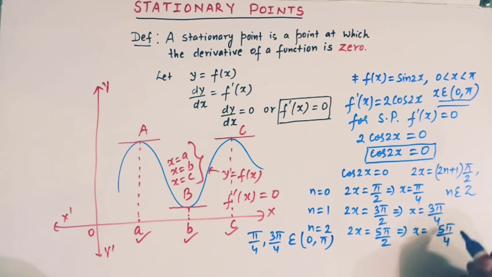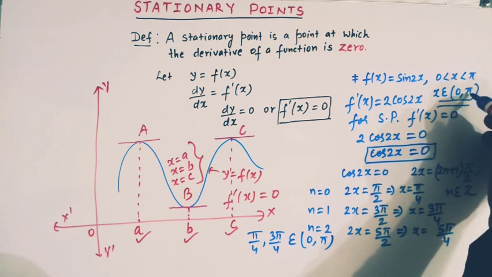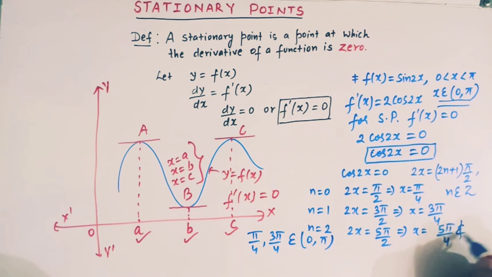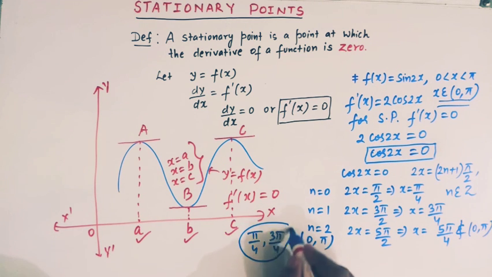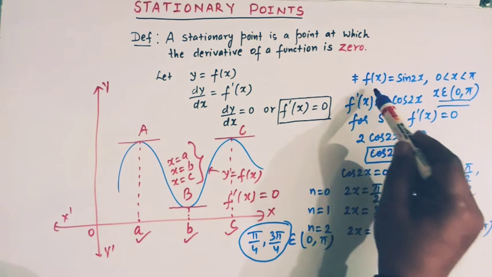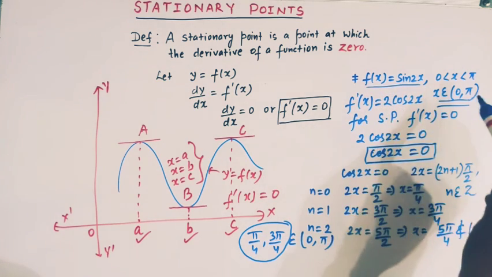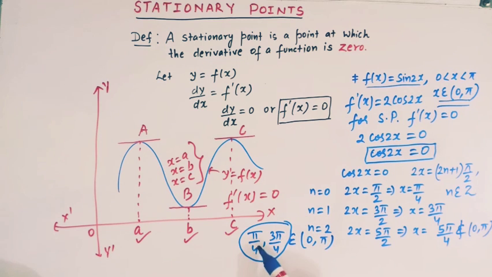And this 5 pi by 4 does not belong to 0 to pi. So we exclude this point and take only these 2 points. So the stationary points for this function in this interval are pi by 4 and 3 pi by 4.